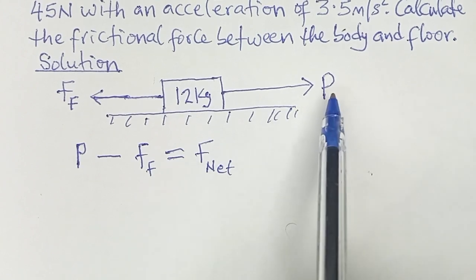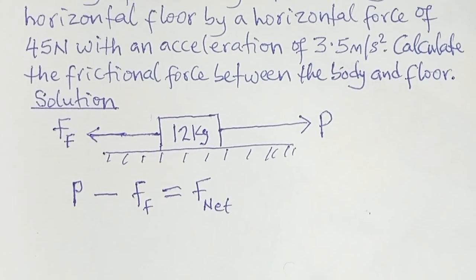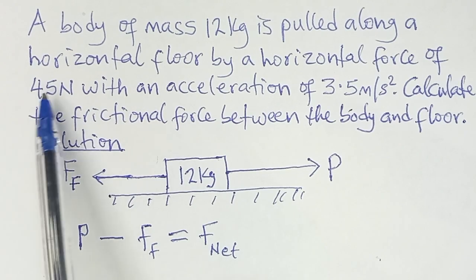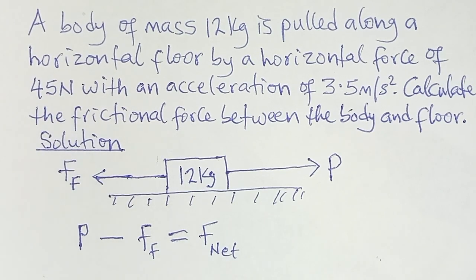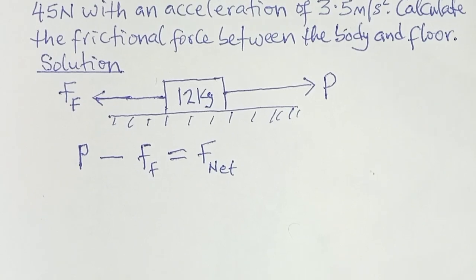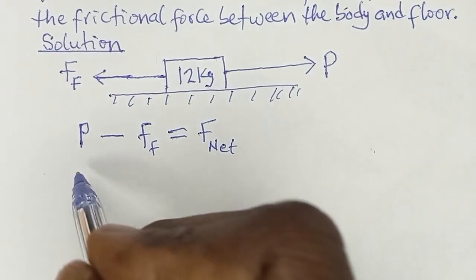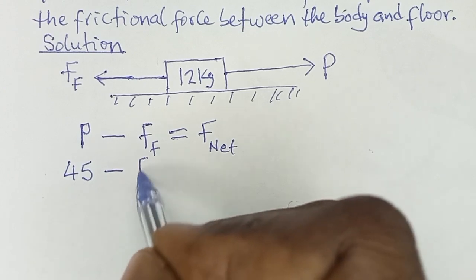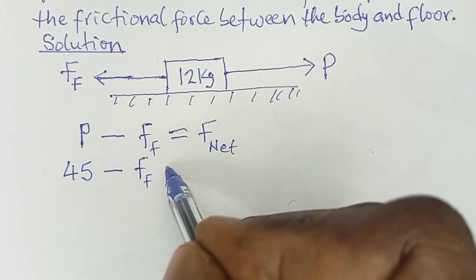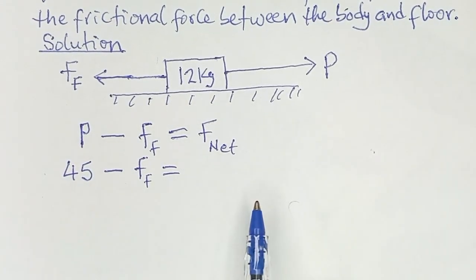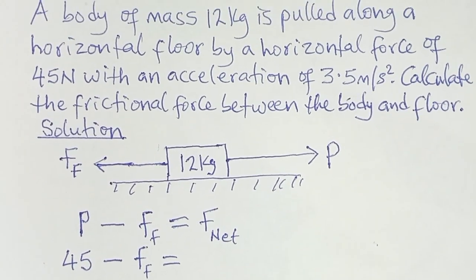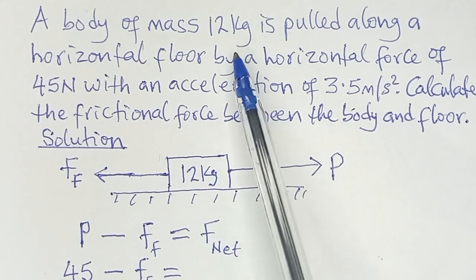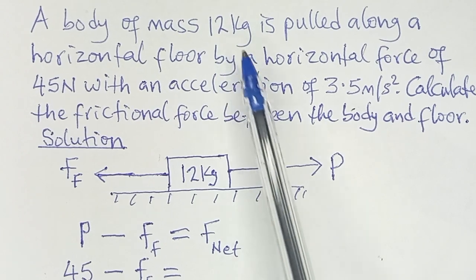From the question, the object is pulled with a force of 45 Newton. So that means the value of P is 45. 45 minus the frictional force, which is what we are looking for, will be equal to the net force. Now, the net force will be equal to the formula F equals ma.